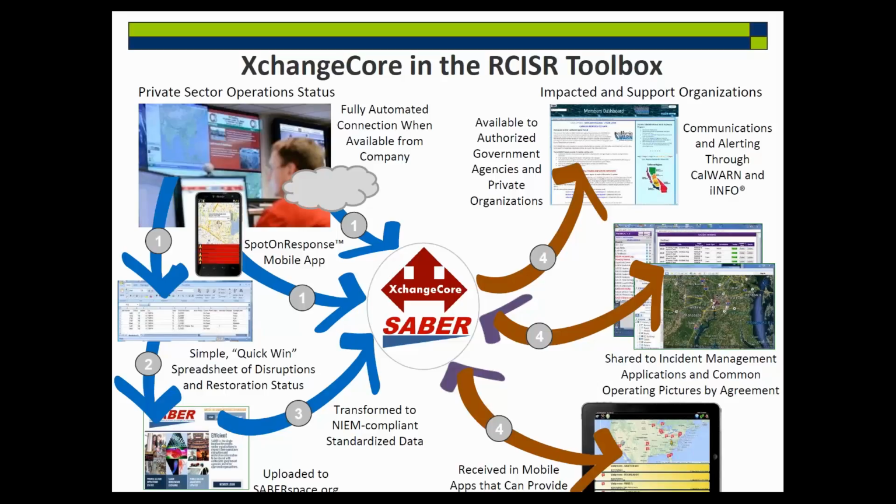On the left-hand side, the San Jose Water Operations Center tracks leaks. Standard system. They do it absolutely every day. What they don't do is tell anybody else about it. So XchangeCore and Sabre will be the way in which those leaks get accumulated in their routine maintenance system, get exported out of that through XchangeCore, and then go out to other organizations.